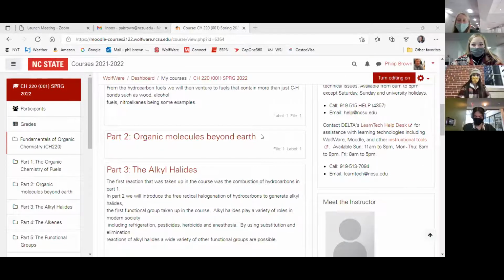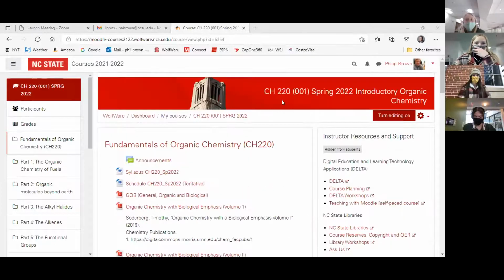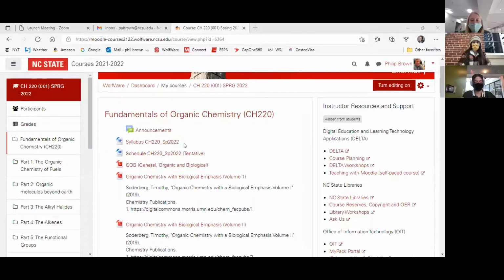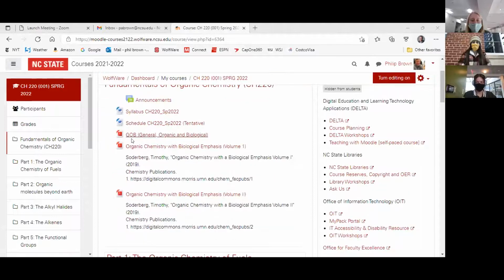Okay, so again, here's this Moodle page that I just described a moment ago. You see the syllabus and schedule are two things that you're going to need that may change a little bit as we go along. So keep that in mind. Here's just one textbook, an online textbook that is generic in nature.